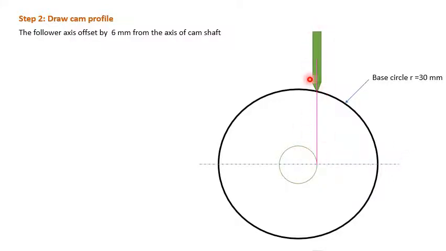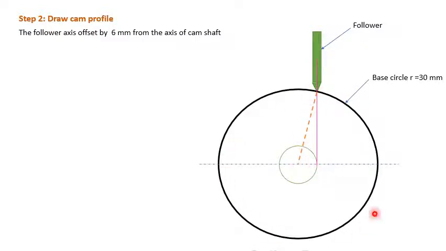Okay, so now no need to draw the prime circle, because this is the knife edge follower. So from the point of contact of this follower to the center of the circle, draw a line.